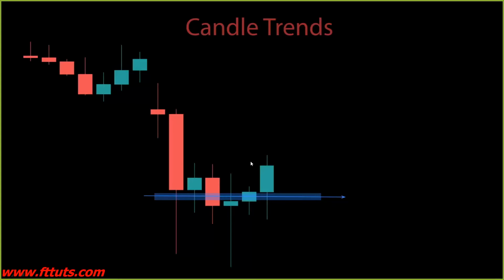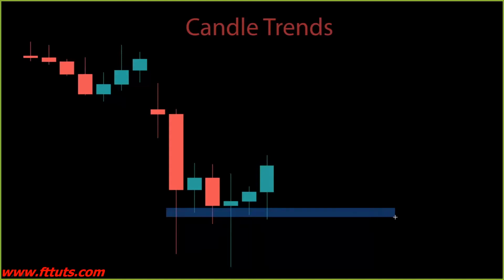So let's assume we missed that trade, and now we are creating a support over here. What's going to be the probability? Let me just remove this here. So since we are creating a support down here, what's the probability for price to continue to go up?